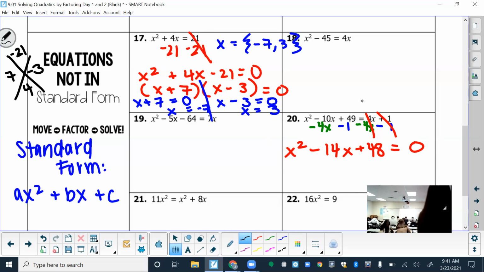Set up your diamond. All right, for number 20, what numbers did you pick that multiply to 48 that add to negative 14?